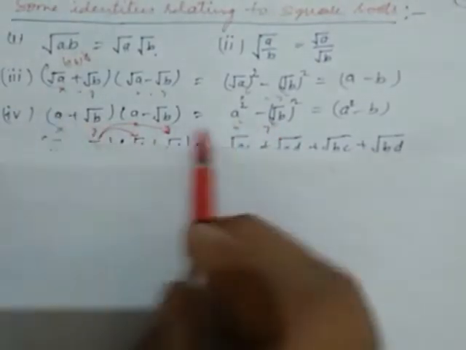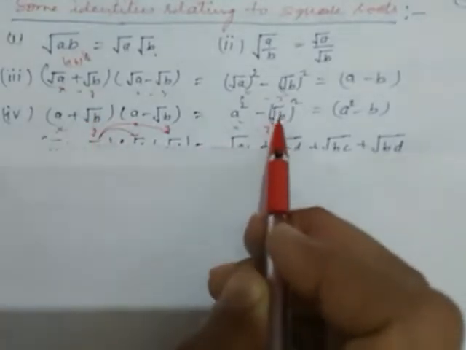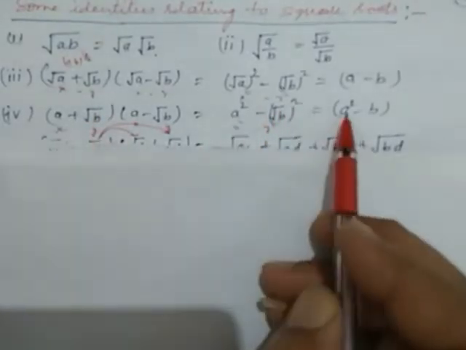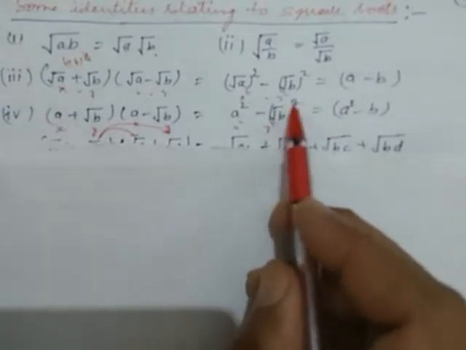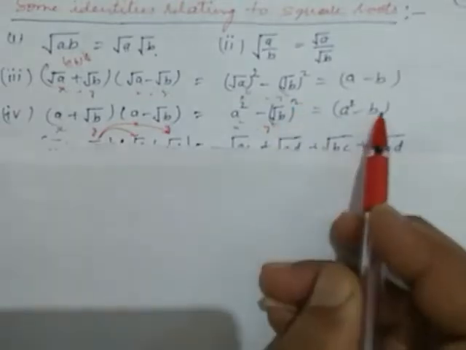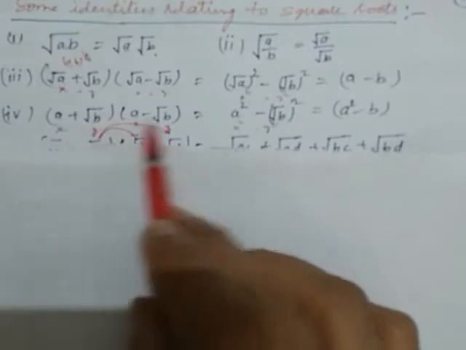X is A, so we put A square. Y is root B, so we put the square of root B. Now A square is here, minus, and the root cancels with the square and we get B. So this becomes A square minus B. So practice this.